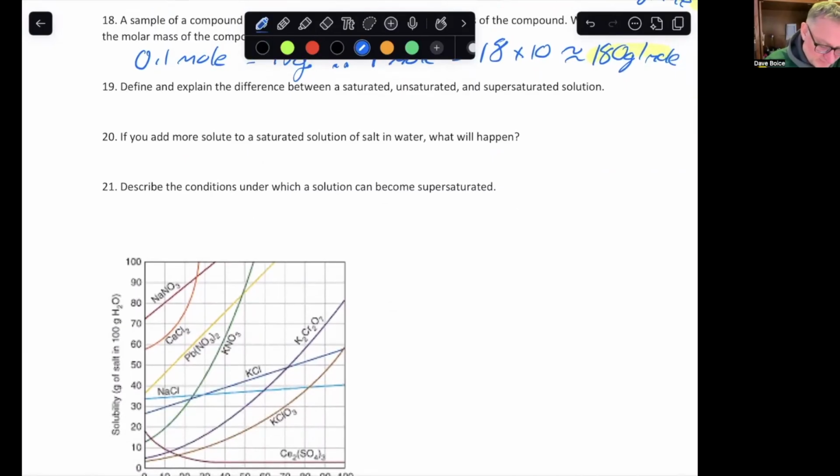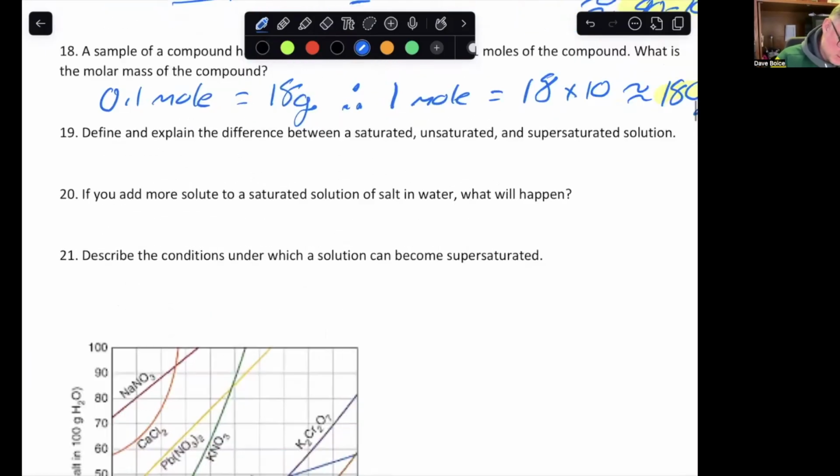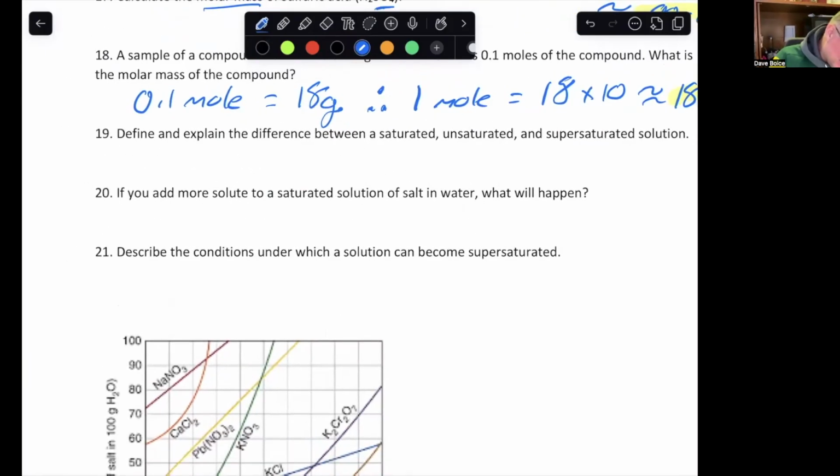Explain the difference between saturated, unsaturated, and supersaturated solution. Okay, well, hope you're not going anywhere. So saturated equals cannot dissolve any more.